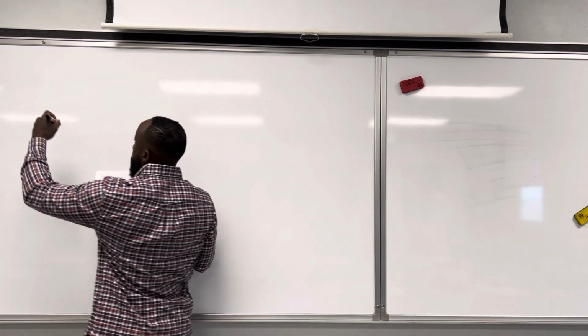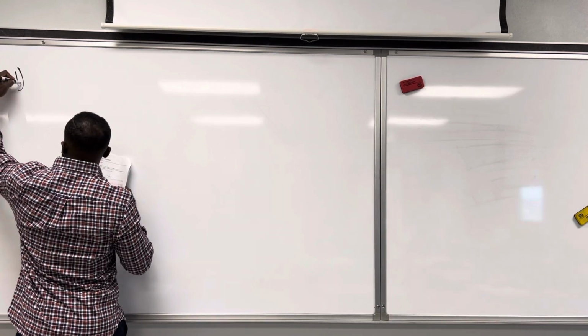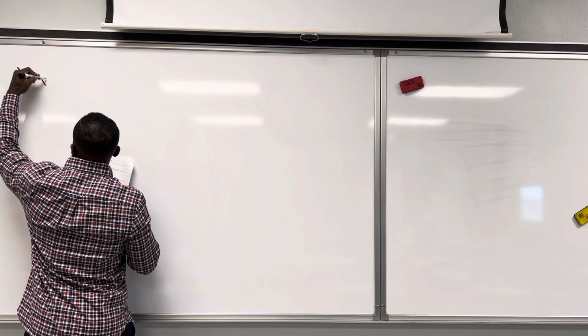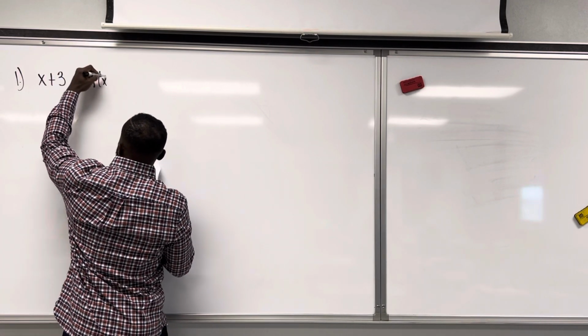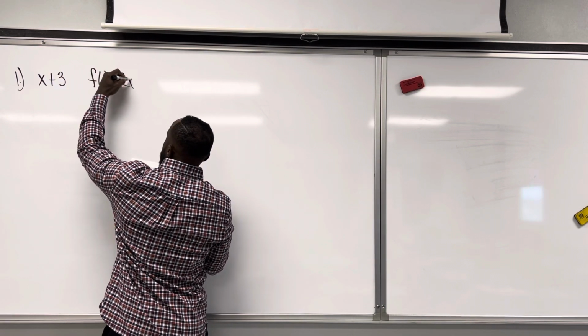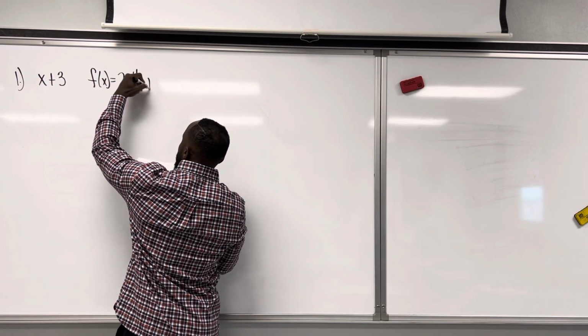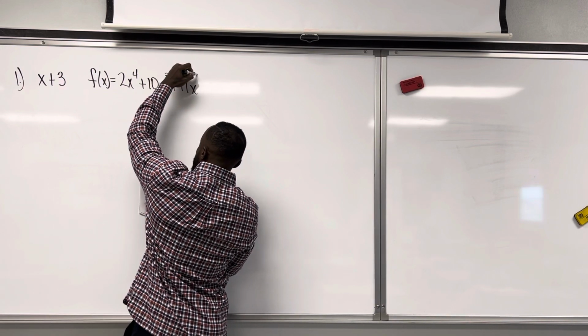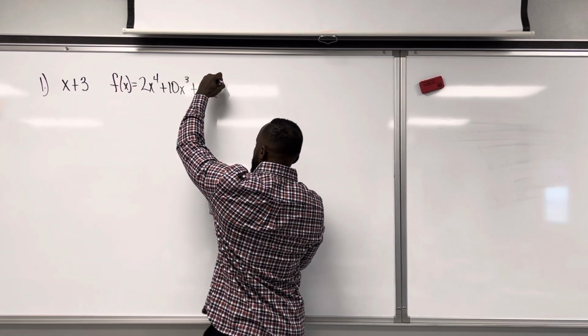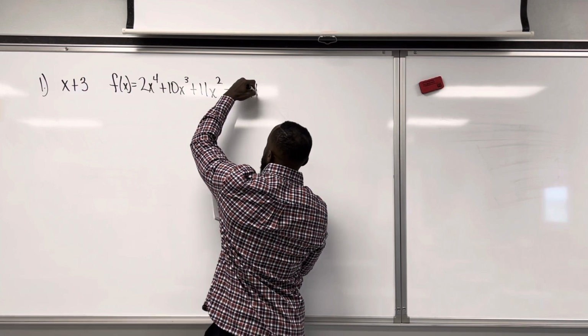All right, let's look at this example here. Number one, they want to know, is x plus 3 a factor of this polynomial, 2x to the 4th plus 10x to the 3rd plus 11x squared minus x plus 6?